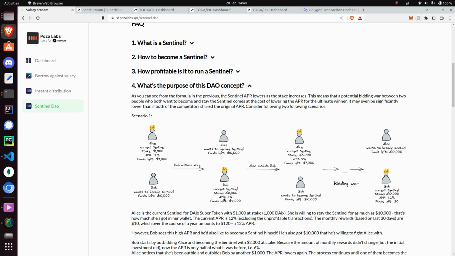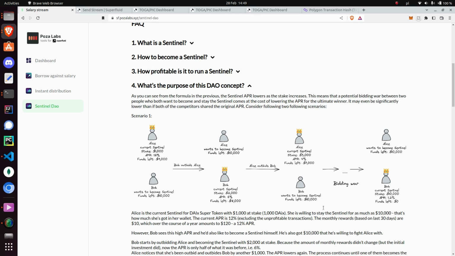So Alice realizes that she's been outbid, her funds have been returned to her, and she still considers an APR of 6% to be high enough to fight for it, and she goes ahead and outbids Bob. And now she's the Sentinel again, the APR has dropped again, and Bob also still has his funds, and he also wants to become a Sentinel.